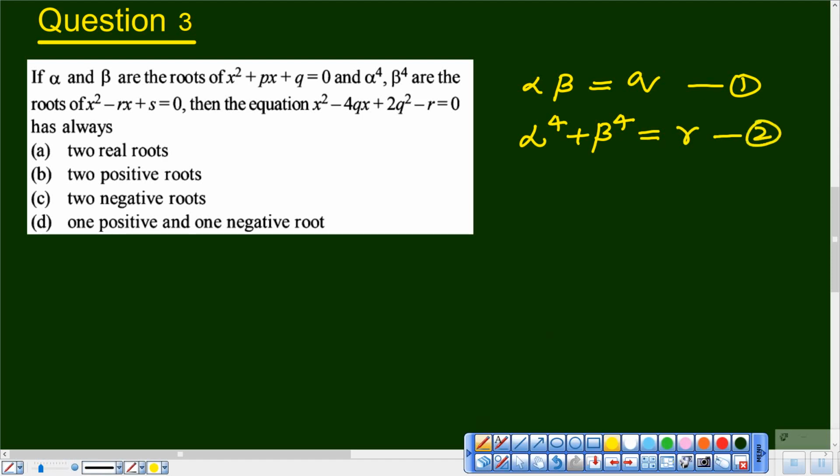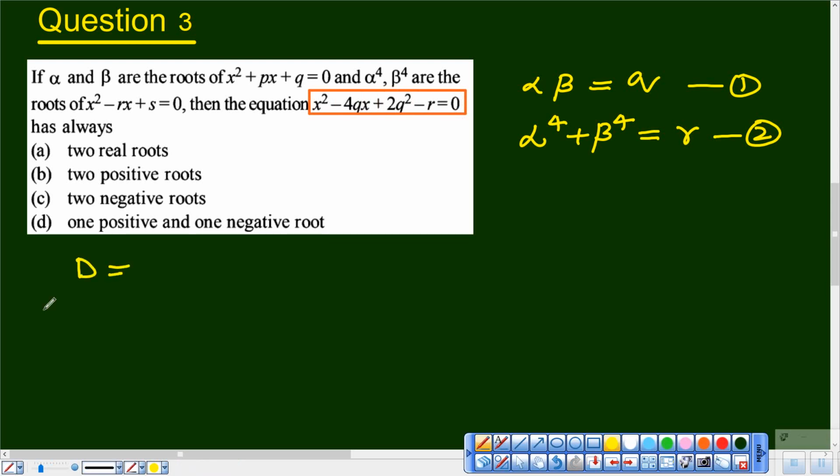Now, I need to determine the nature of the third equation, that is the given equation. You can see that the discriminant of this equation, if I highlight this equation like this, D is going to be so-called b square minus 4ac.